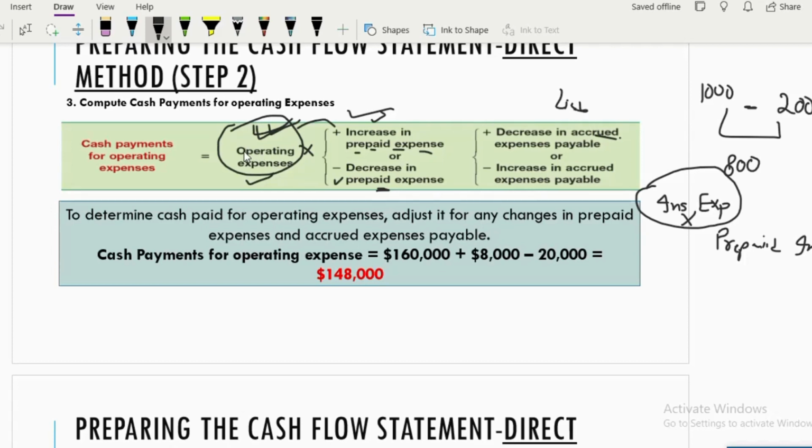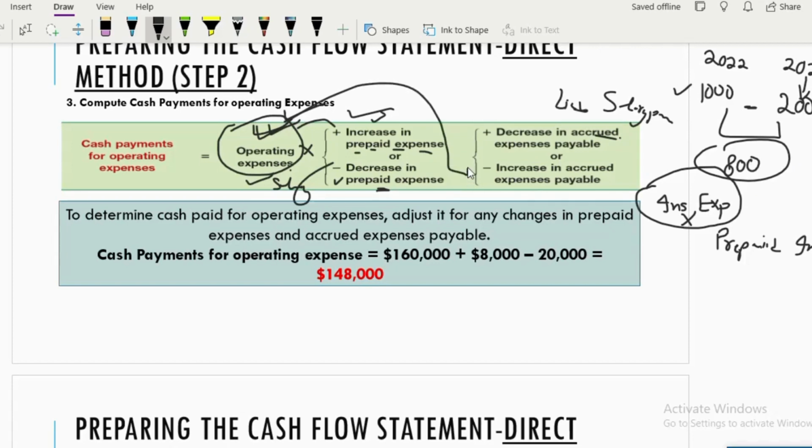So if for example operating expenses, there is one salary expense, and here I have salary payable, and that's increasing. Last year, which is 2021, it was 200, and current year it is 2022, it is 1000, so it is increasing. It means that 800 of the salaries we did not pay, which we are reporting here. So if we have not paid them, minus them. So increase in accrued expenses payable, you are going to minus.